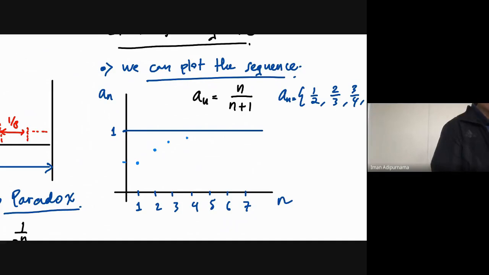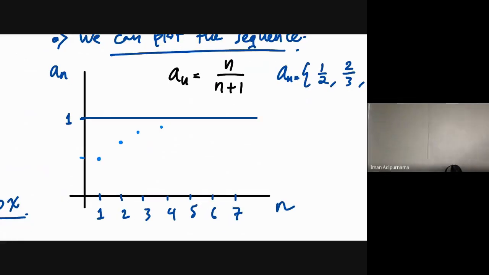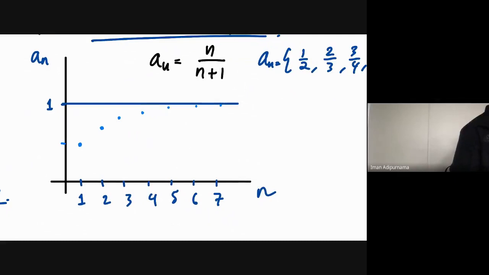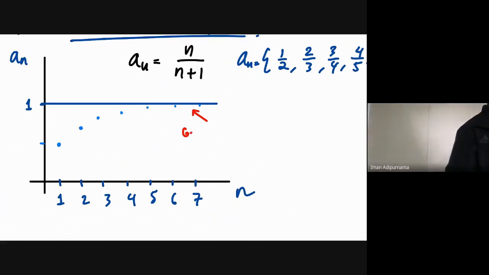Eventually you will see that when you increase n, it will grow and approach this one. When you review calculus 1, you deal with the limit. It is the same approach as when you approach some number with a limit. Continuously, it's getting closer to 1.